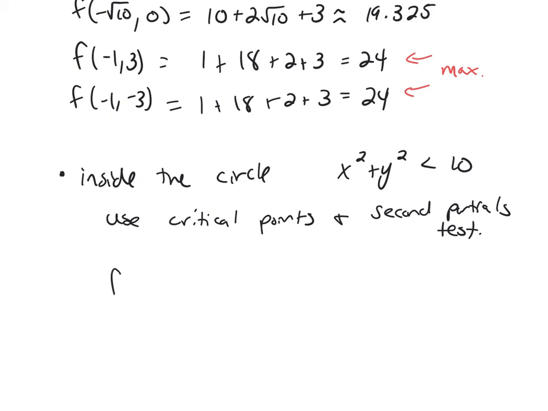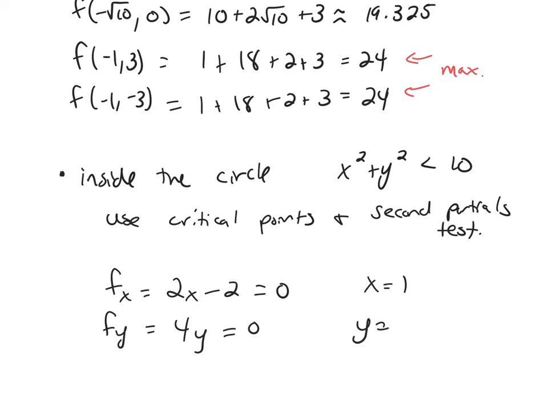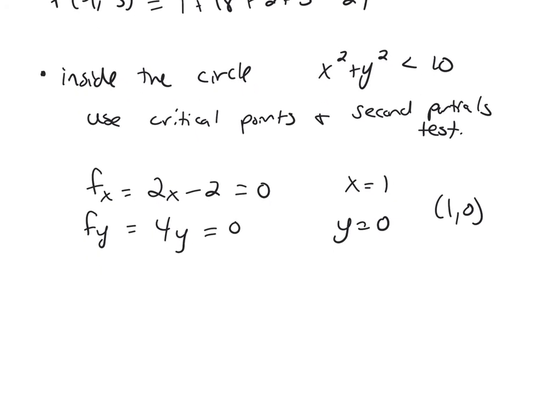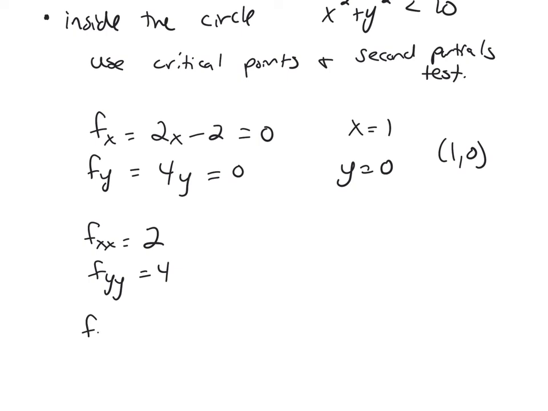So go back to your function f and write down your partial derivatives. We have these from earlier. You want to set them equal to 0 and solve them simultaneously. You'll get x equals 1, y equals 0. So you're looking at the point 1, 0. That is inside of that circle of radius square root of 10. Now I need to do my second partials test. Compute fxx, which is 2, fyy, which is 4, and fxy, which is 0.